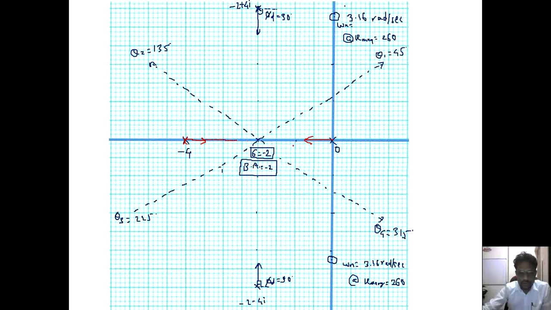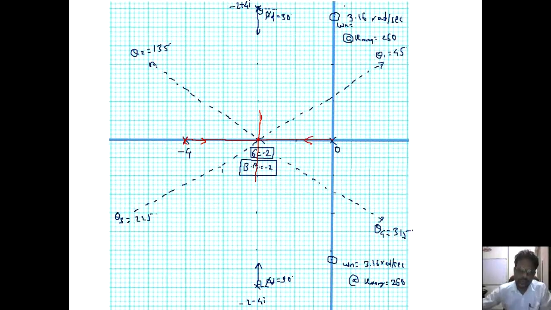By traveling, both branches will collide at the breakaway point, which is at -2. Here they will collide and split like this. What will happen after splitting?